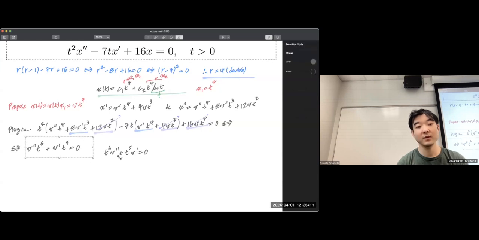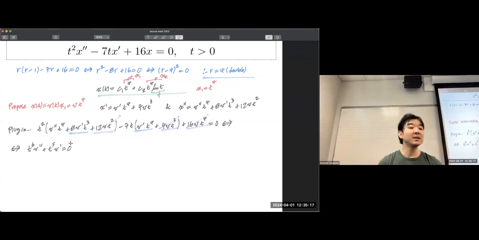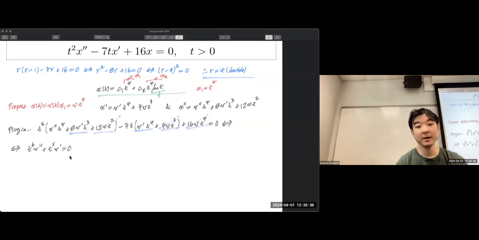All I did was move the t term to the front. If you imagine these v's are like our x's, this is not an Euler equation because this is t to the 6th and this is t to the 5. So it doesn't have the same dimensions. This 6 would have had to be a 2 and this 5 would have had to be a 1. I guess you could divide everything by t to the 4.